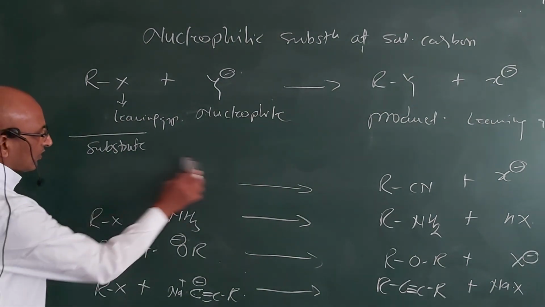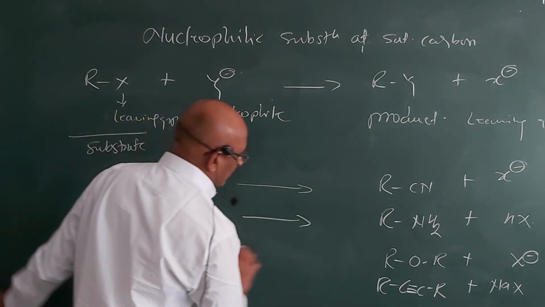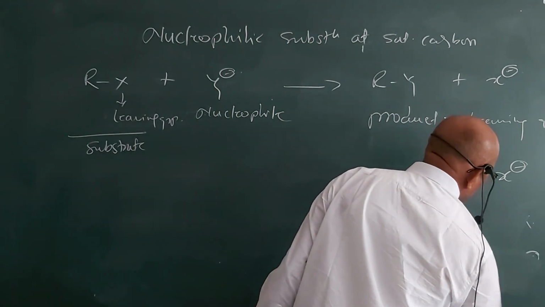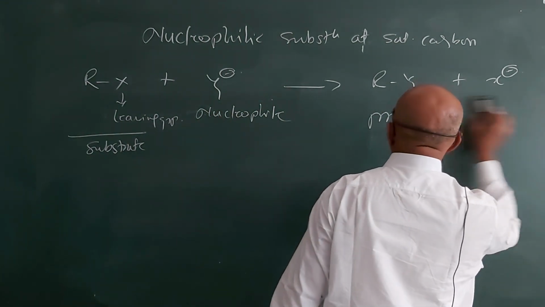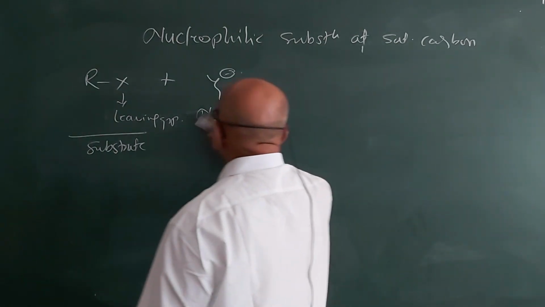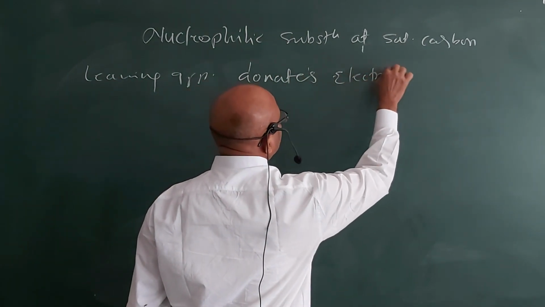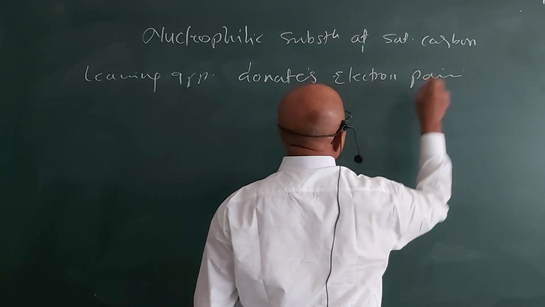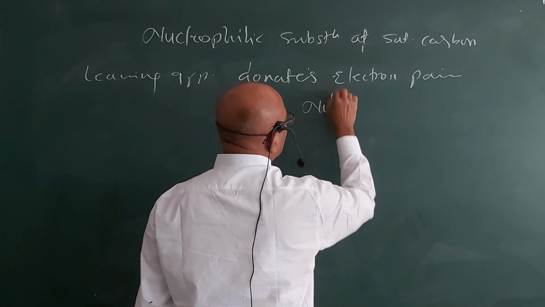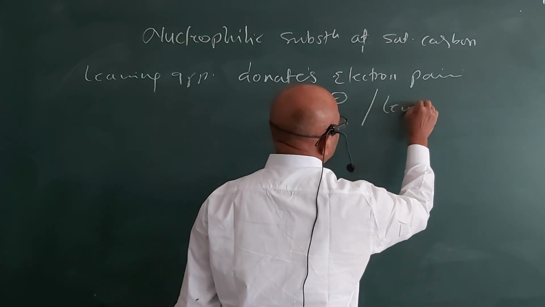And so depending on that, we can study the difference between a nucleophile and a Lewis base. So the negatively charged species which can donate an electron pair can act in both ways, and so it can act as a nucleophile or a Lewis base.